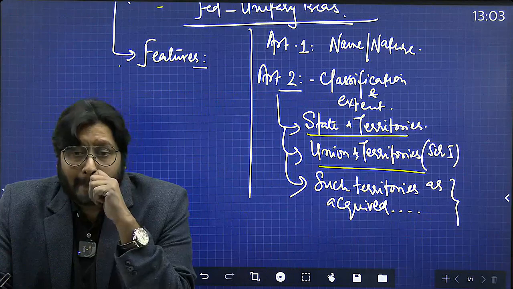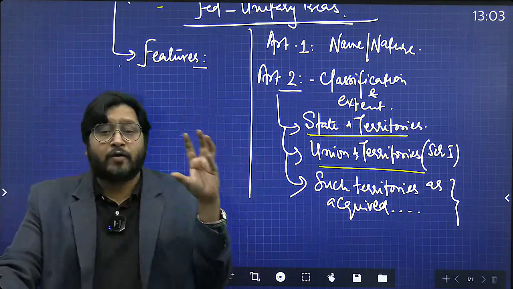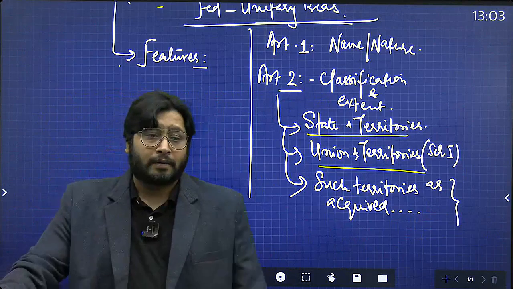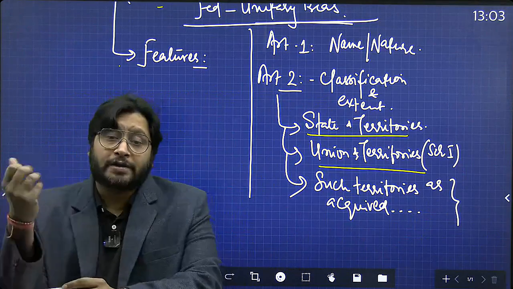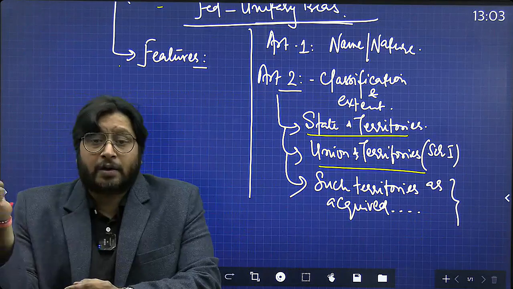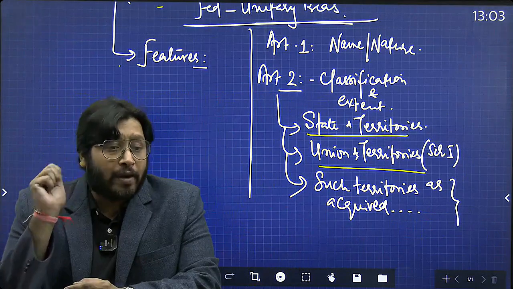Right? States. But technically, the word union in Article 1, what is it? India, that is Bharat, shall be a union of states. What are those states? Those states are the provincial states that you have defined under Schedule 1.